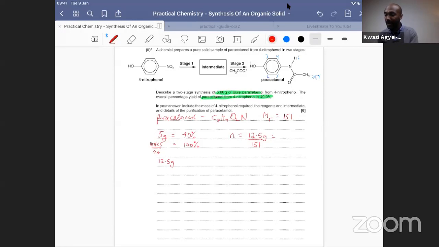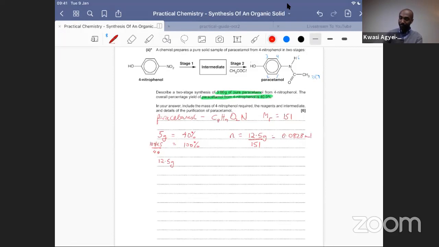Let's just double check that calculation: 12.5 divided by 151 is 0.0828 moles if we had 100% yield.